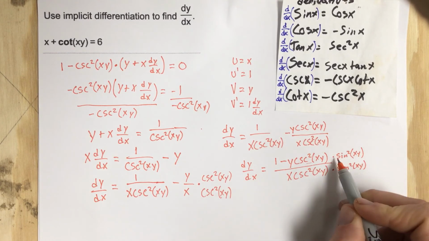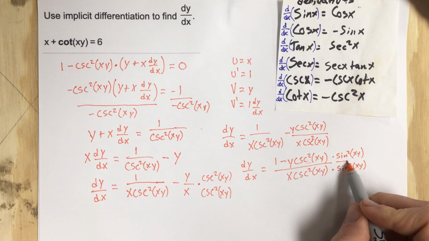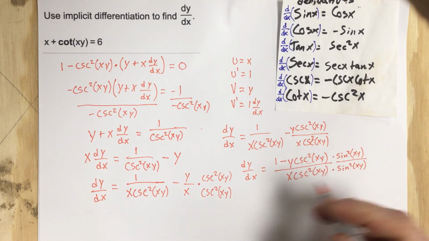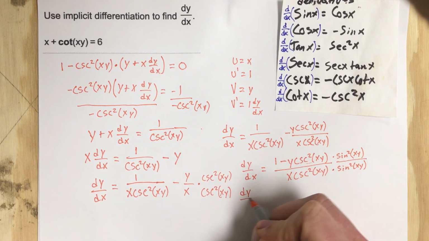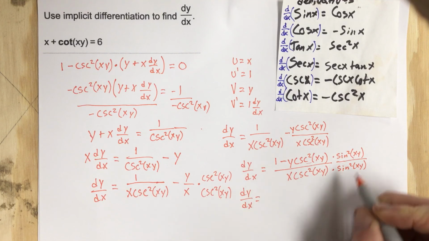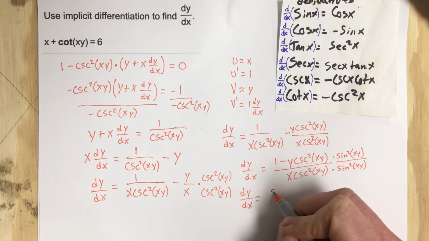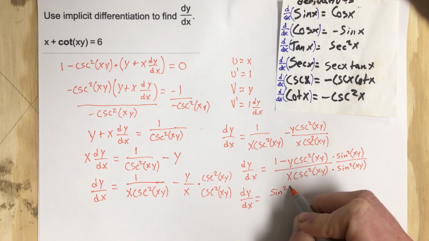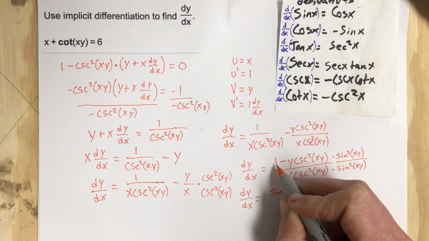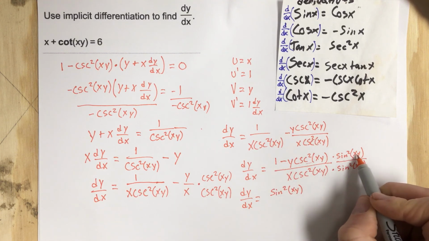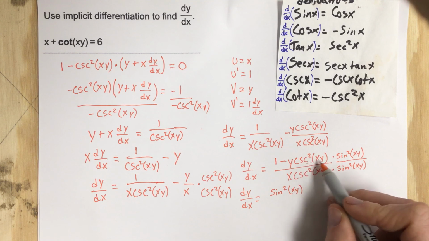And this doesn't really change anything, right, because I'm multiplying by the same thing on top and bottom. But this would be dy over dx equals, when I multiply that, I end up with sine squared xy when I distribute it to the 1. I multiply sine squared xy times cosecant squared xy.